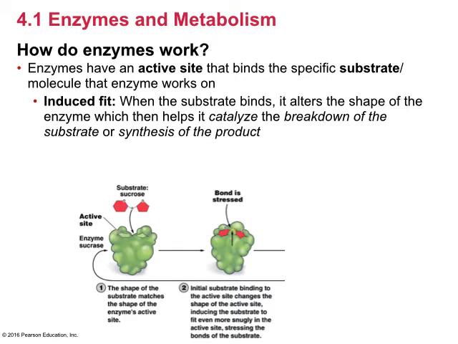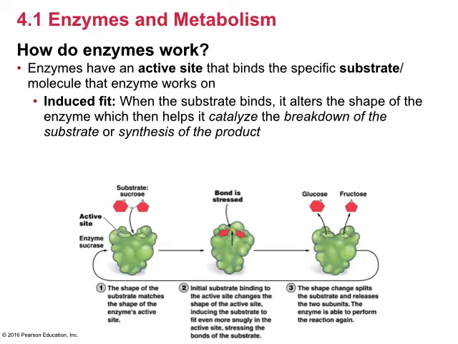So what's happening here is that the sucrose binds the pocket, the enzyme changes shape, and that stresses the bond that's binding the two monosaccharides together. And then it lowers that activation energy, so it makes it easier and faster for sucrose to break into its two monosaccharides, right? And so then after the sucrose is broken, those products are released.